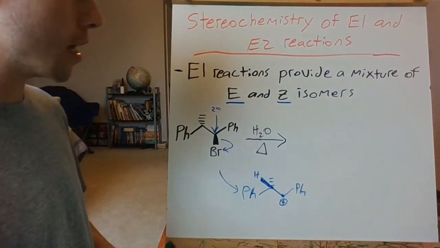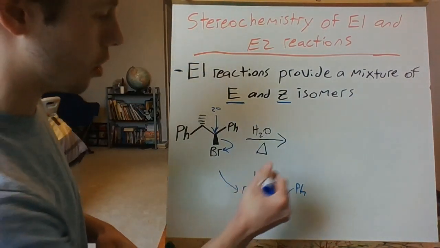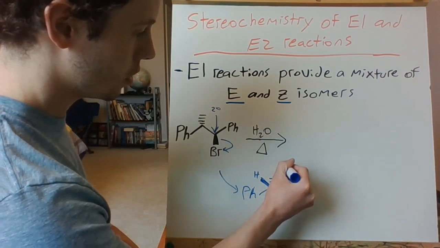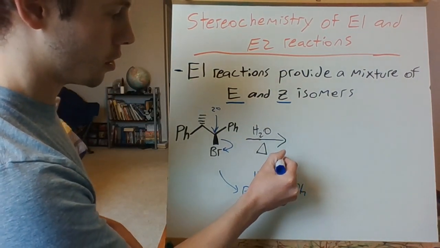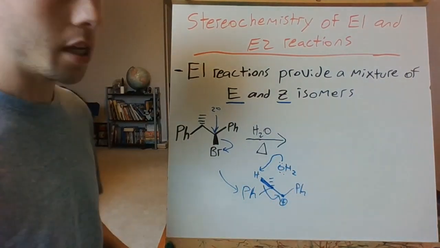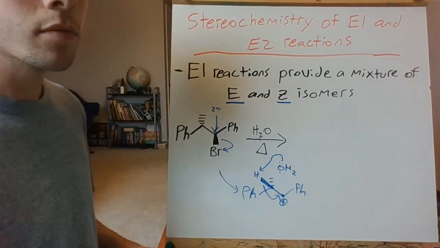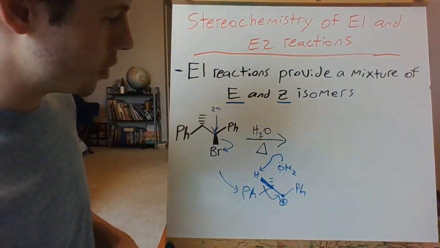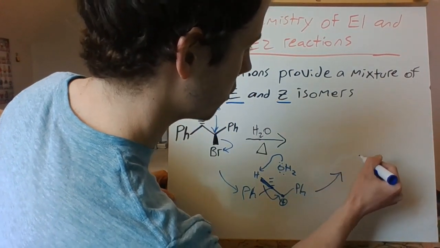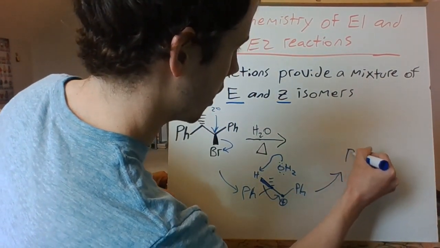So now we can take our base and pull off this proton. We take water, draw from electron rich, grab the hydrogen, and move these electrons down towards the carbocation.